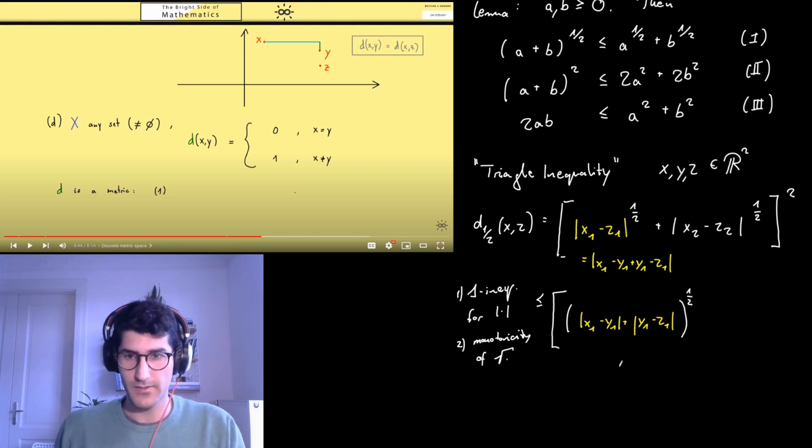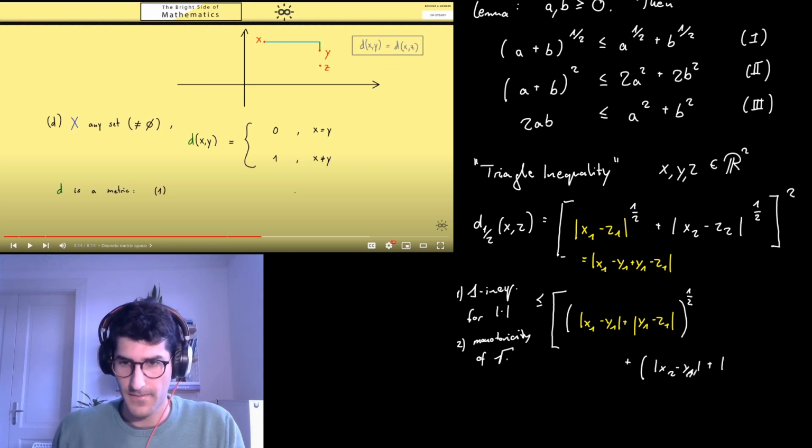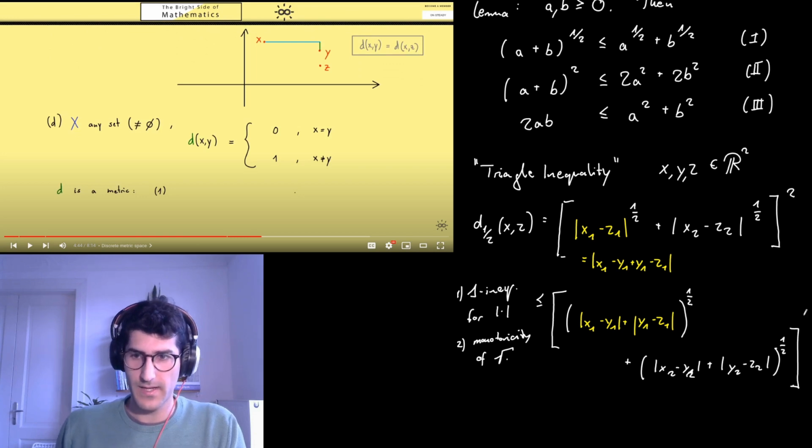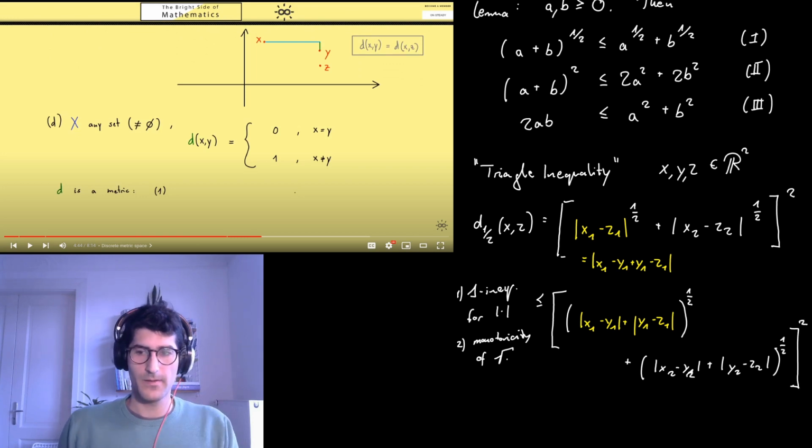So for the second components, I'm just going to write this down below. So here we have x2 minus y2 plus y2 minus z2, to the 1/2. And then I need to close the outside bracket with a square.